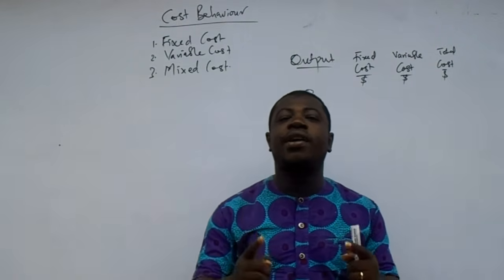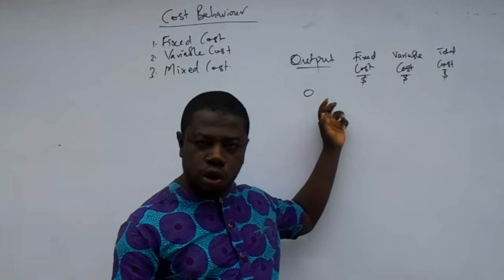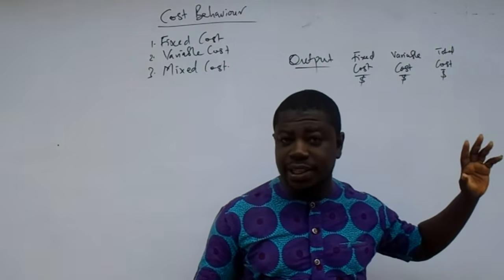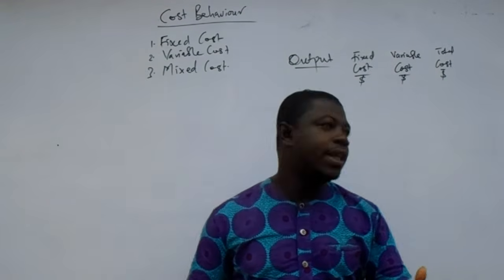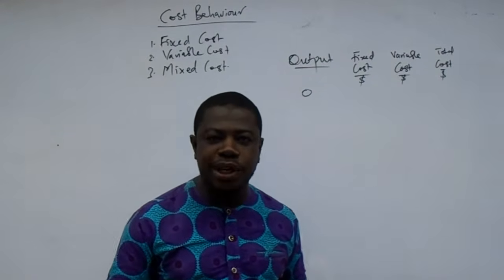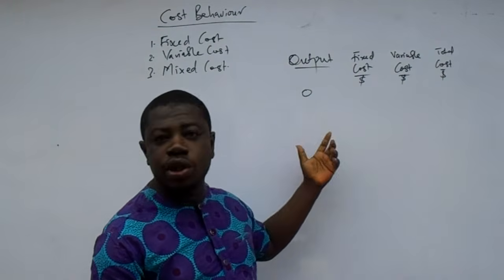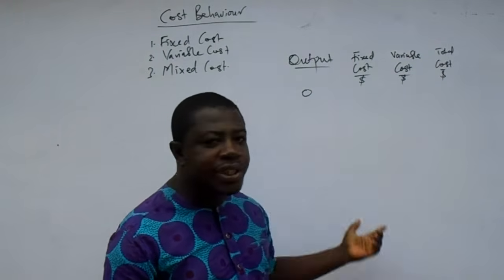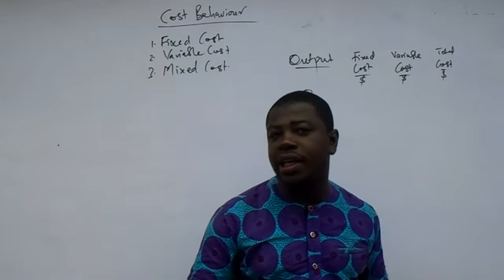Now, one characteristic of a fixed cost is that whether you are producing or not, once the organization is in existence, those costs will be incurred. One example is rent. For example, if you rent your premises as an organization or a company, whether you decide to produce your goods or you are not producing, whether you are working or not, you will still pay your rent because you are occupying the building.